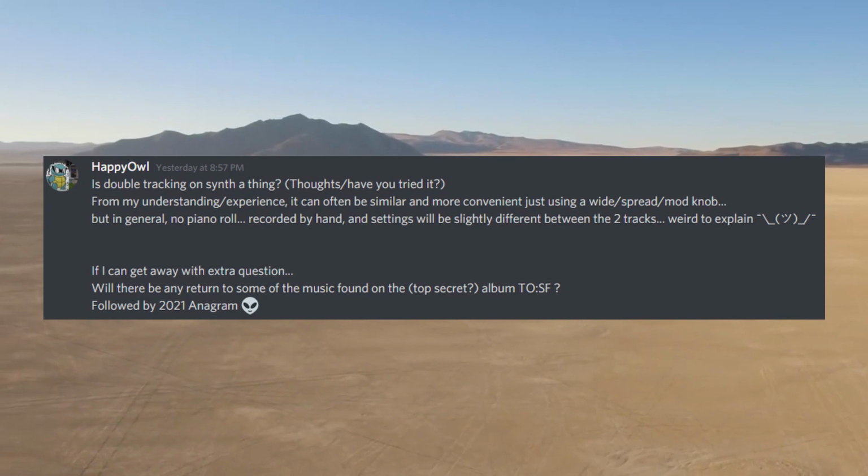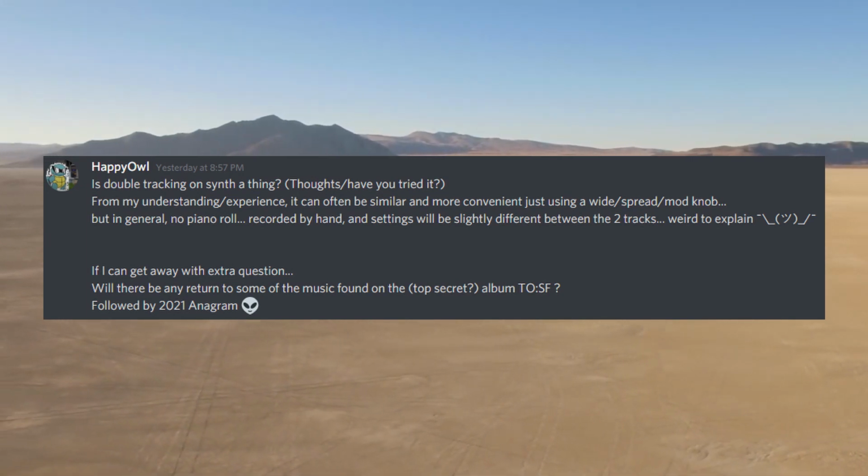Next question. Happy Owl asks, is double tracking on Synth a thing? And there's a huge amount of stuff after it. We'll answer that in a moment. Double tracking on Synth can be a thing. If you're not too worried about phasing issues, then by all means do it, I guess. The one thing I try to tell people almost all the time when it comes to music is it's an experiment. It's a matter of starting with something and working with it and working towards a destination.